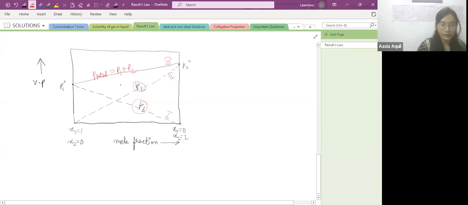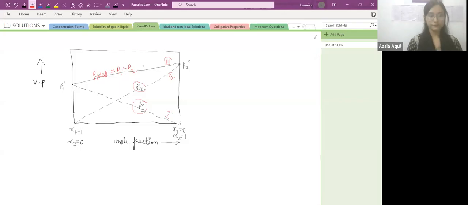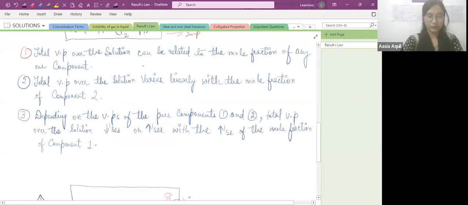It is given by the solid line in the graph. Are you seeing this line? This line shows P total, that is P1 plus P2. This is basically a Raoult's law graph, and it comes from that equation. Clear?